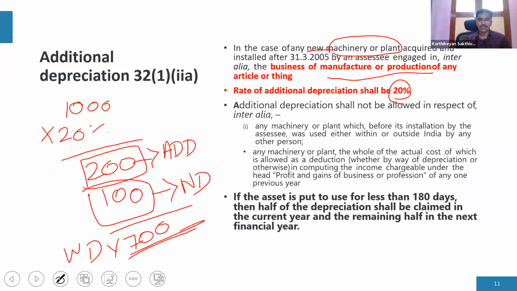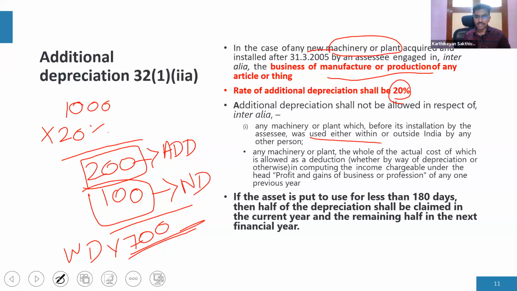Additional depreciation is allowable only for a person who is engaged in the business of manufacture or production of any article or thing. Right. Next one, if additional depreciation is claimed, but there are certain conditions for which additional depreciation is to be claimed. Generally, additional depreciation எதுக்கு தெரியுமா கொடுத்தாங்க? For to boost the production capacity. Right. So if a machinery is already used, they are of the view that it is not going to increase the production capacity.